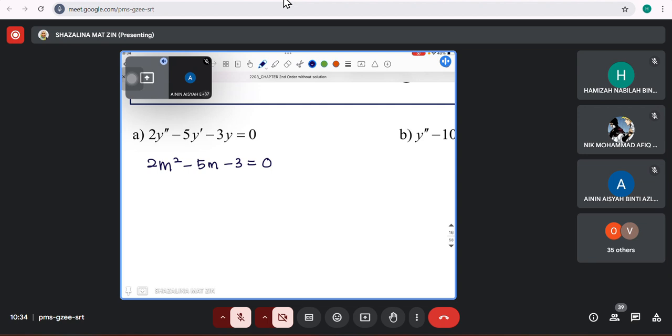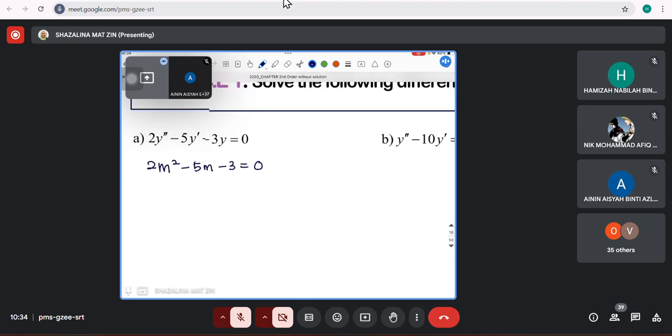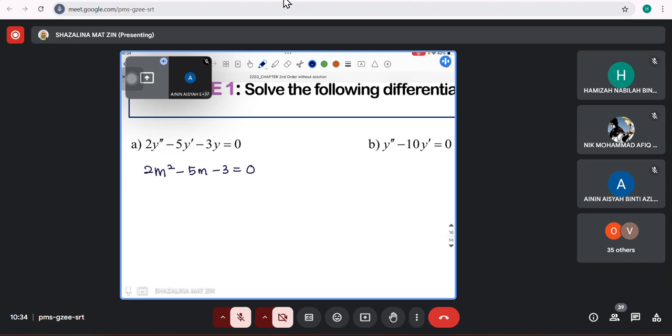Step number 2, this is not compulsory for all but compulsory for the user of FX570MS. Calculate the b square minus 4ac. So we have a equals to 2, b equals to minus 5, c equals to minus 3. A pairs with the double prime, b pairs with prime, c pairs with y.